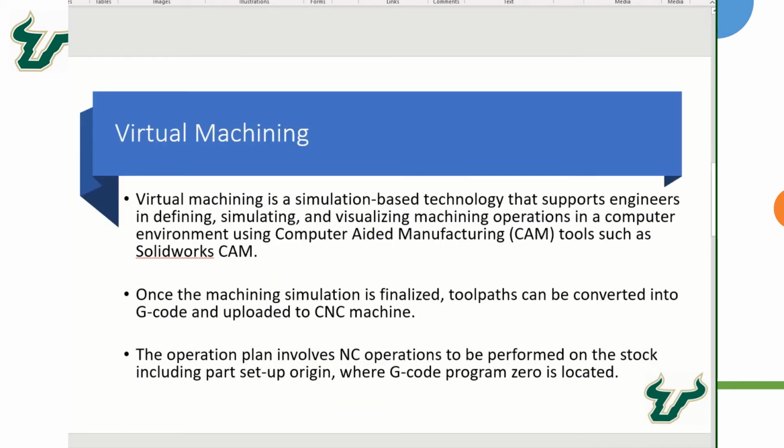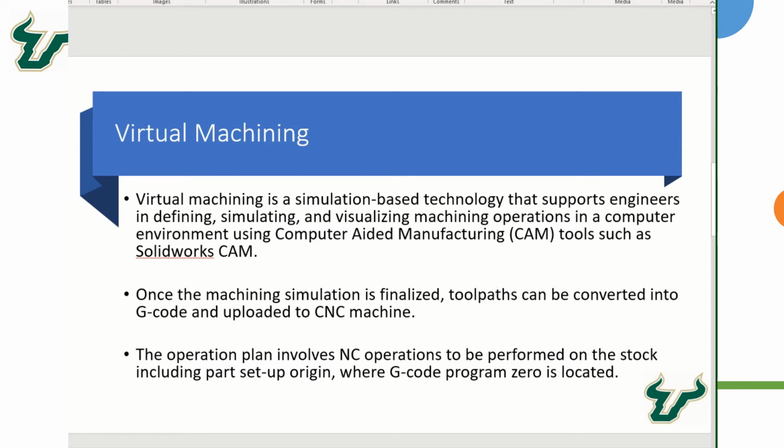All right, so now let's take a look at what virtual machining is. Virtual machining is a simulation-based technology that supports engineers in defining, simulating, and visualizing machining operations in a computer environment using CAM, or computer-aided manufacturing tools such as the SolidWorks CAM.